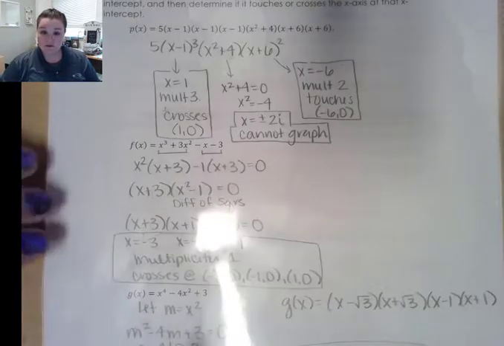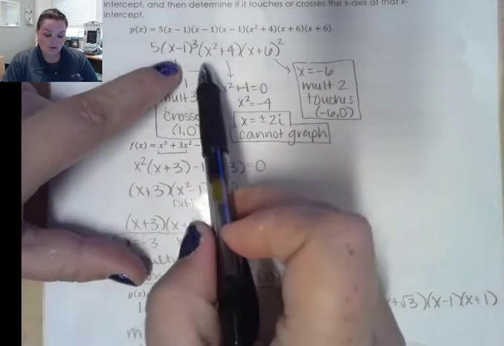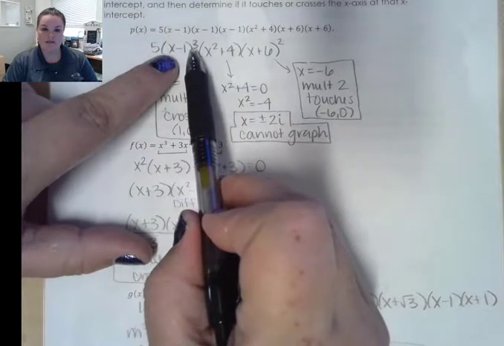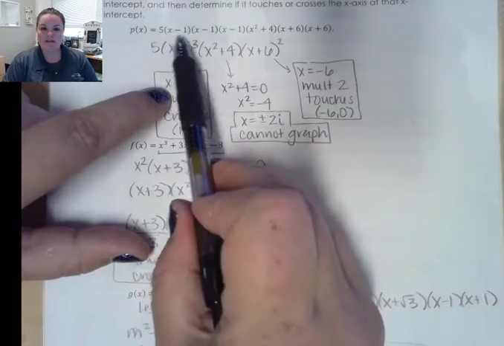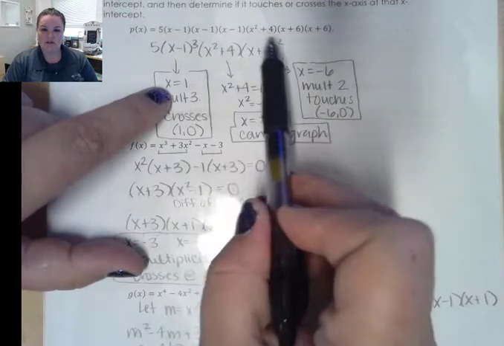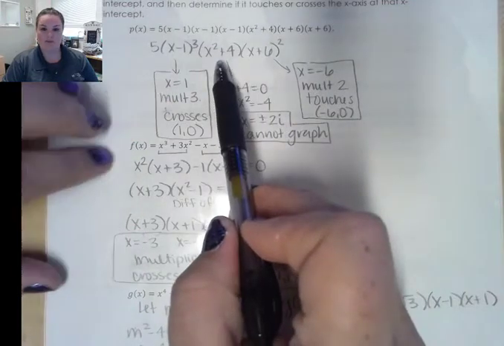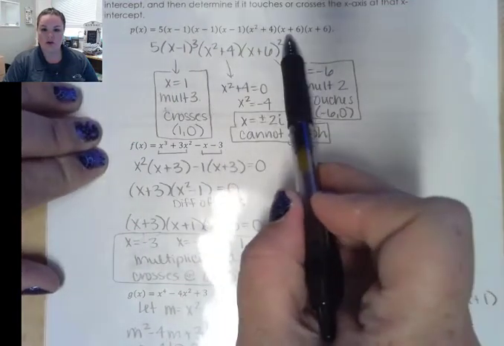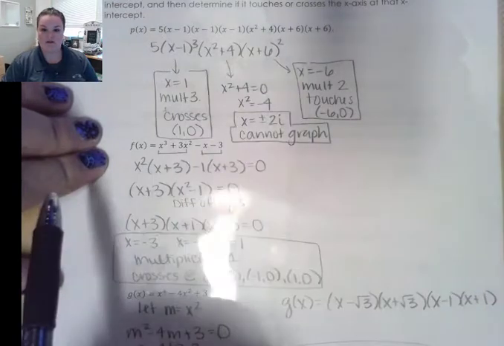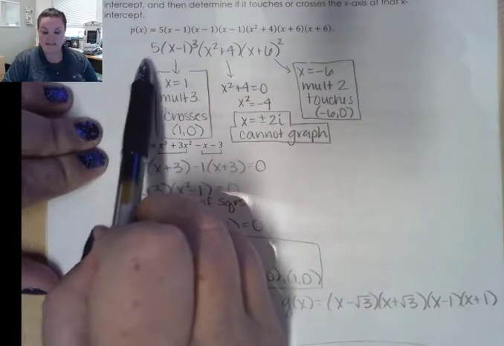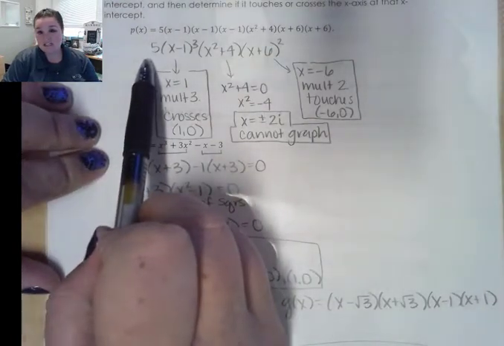All right, so on the first one, it's already factored, but I went ahead and wrote it so I could see how many copies there are. There's 3 copies of the x minus 1 factor. There's only 1 copy of the x squared plus 4 factor, and there's 2 copies of the x plus 6 factor. Now the 5, I don't have to set it equal to 0, right? Because it doesn't have a variable.